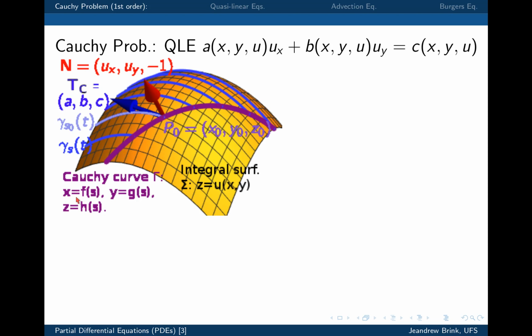There you have the x coordinate, which we denote by the function f of s, your y coordinate, which is g of s, and then you also specify z, which is h of s. Okay, so this stuff in purple is given, your equation is given, and we're now going to work out the implications of that.